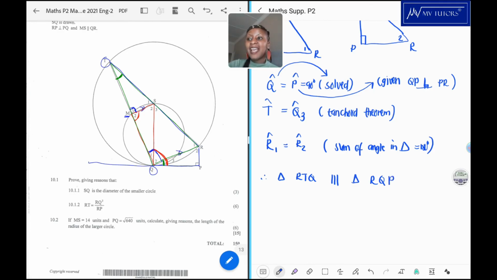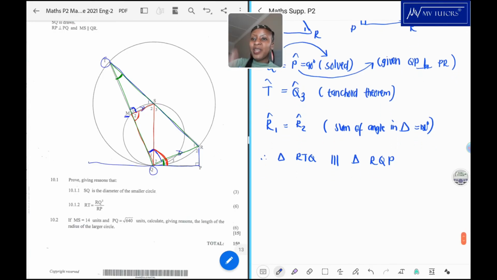Okay, then therefore we can say that RT over RQ is equal to, do we have a TQ? No, but we have an RQ, is equal to RQ over RP.